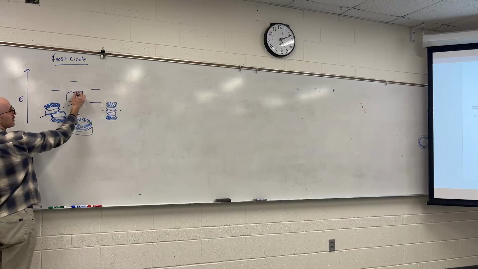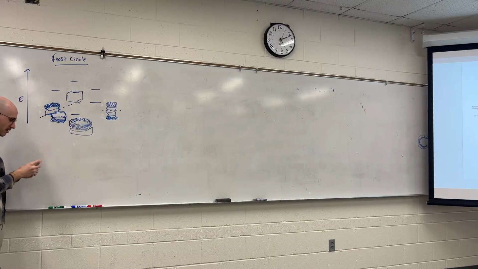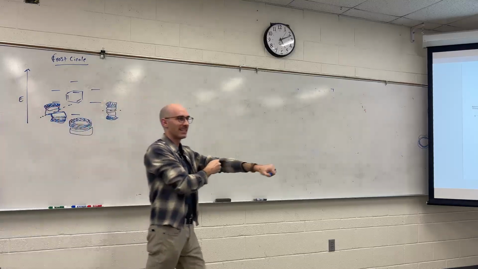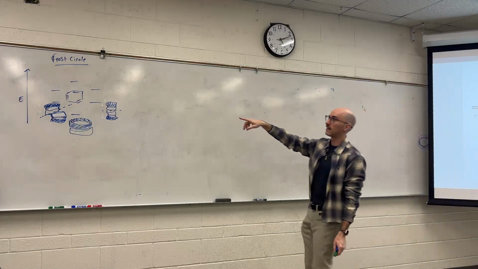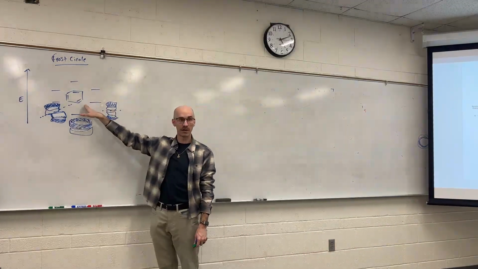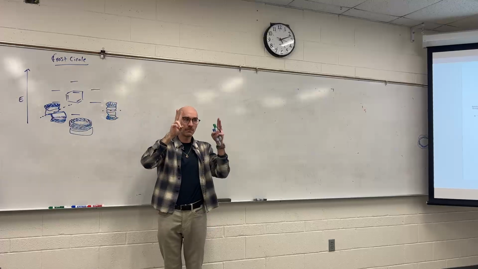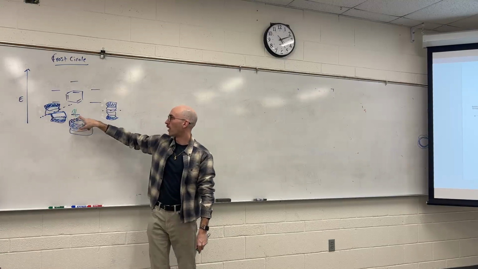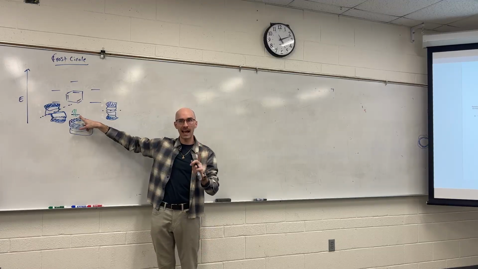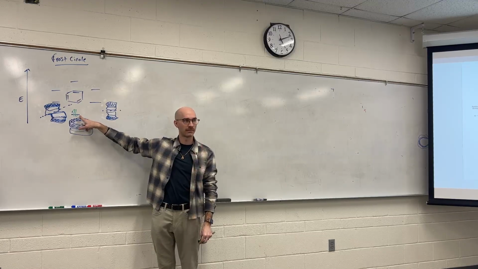Because remember, this is benzene, and we said that there are 3 pi bonds. But it's not 3 sets of 2 atoms bonded. That's what valence bond theory, that's what bond line would have you predict. The 3 pi bonds are actually one pi bond where every atom is bonded together.